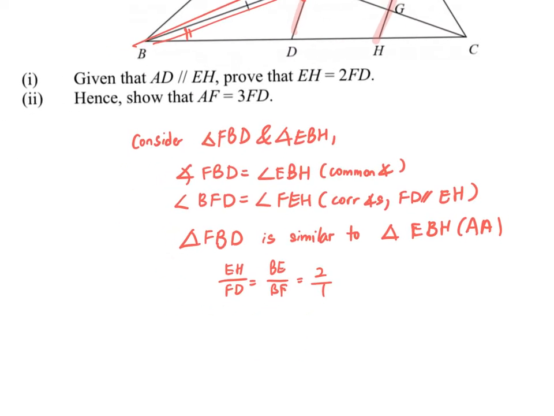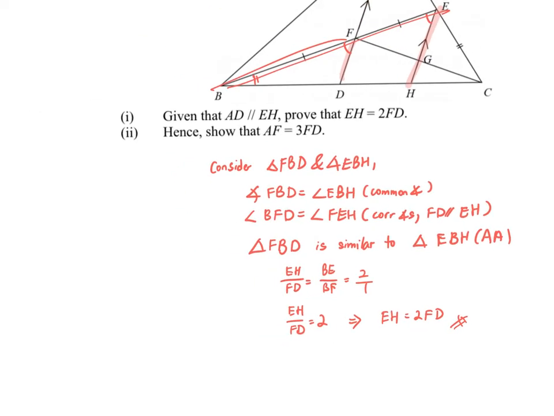So EH over FD is equal to 2, implying that EH is equal to 2 times FD, and we are done. That's the first part.